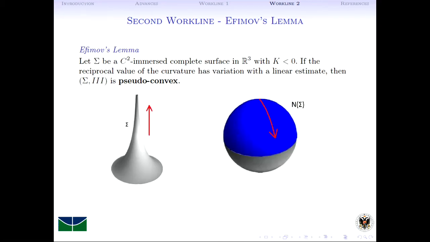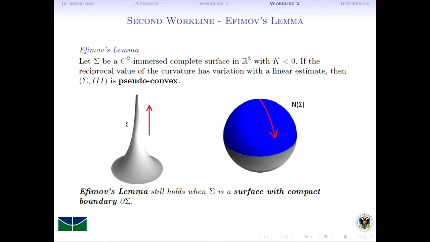Well, the Efimov lemma says the following. Any C2 immersed complete surface in R3 with negative curvature in the weak conditions of Efimov has a spherical image, endowed with the metric of the Gauss map, that is pseudo-convex. The pseudosphere is an example.